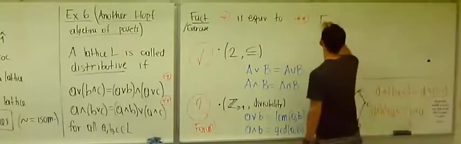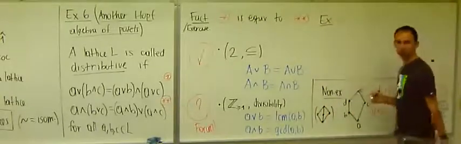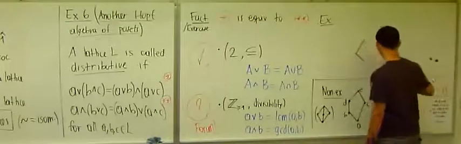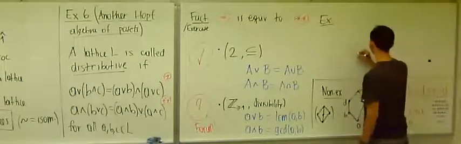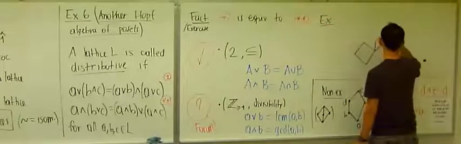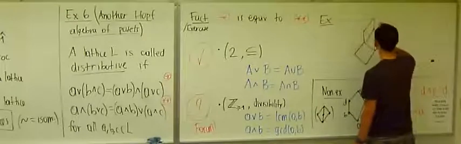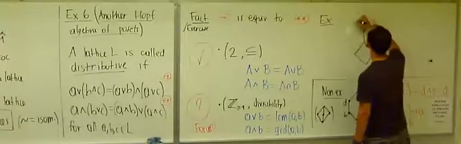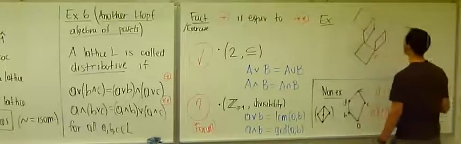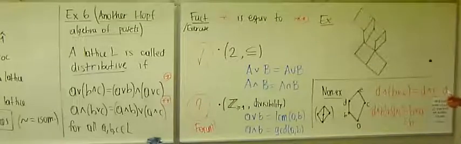Let me just draw a typical distributive lattice for you, and then you can maybe get a bit of a feel for how these things look. Something like that.